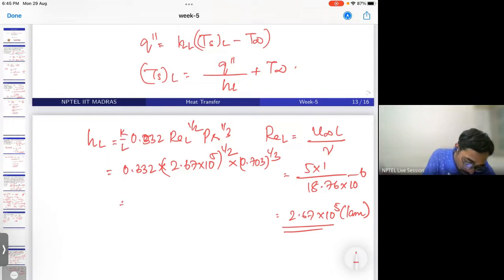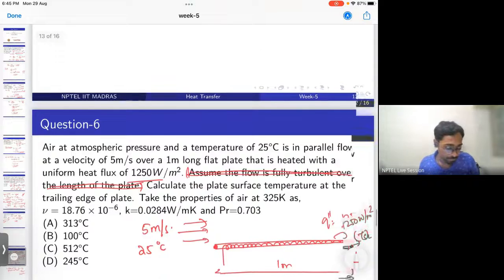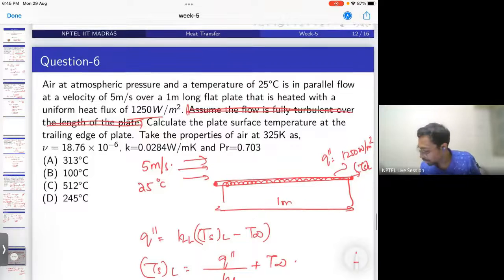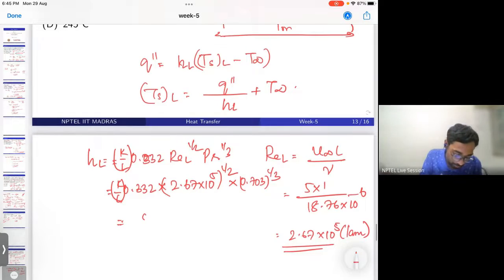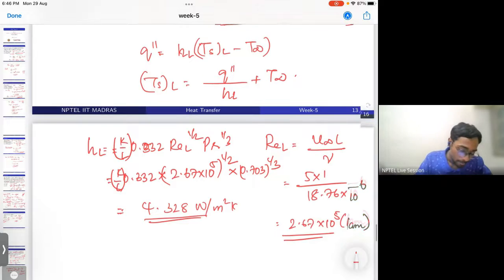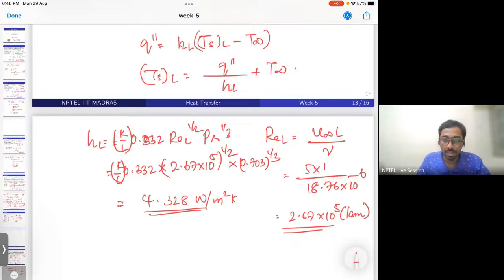K is 0.028 divided by the length, and you will get it as 4.328 watts per meter square. Okay, this is the heat transfer coefficient at the trailing edge.